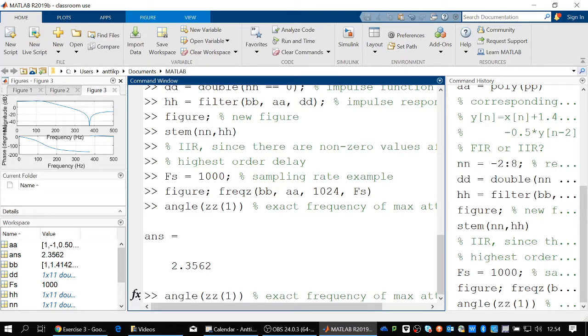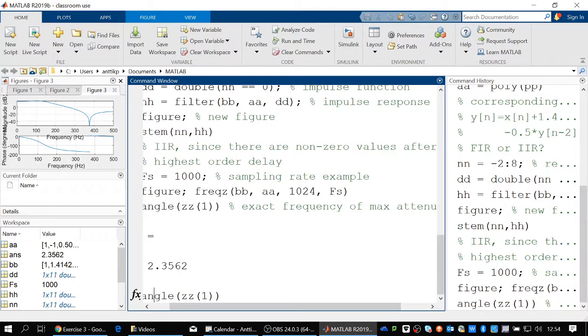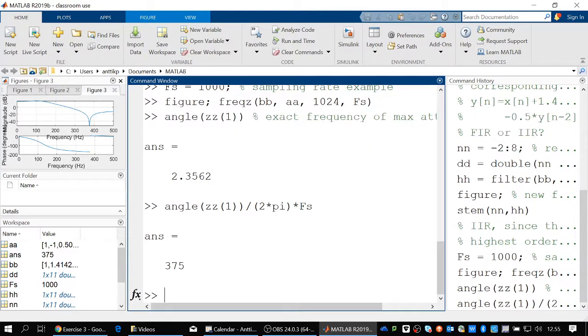Okay, that's normalized frequency here, which means that we can always divide it by 2 times pi and multiply with the sample rate. Yeah, 375 Hertz exact. So that's the maximum attenuation frequency.